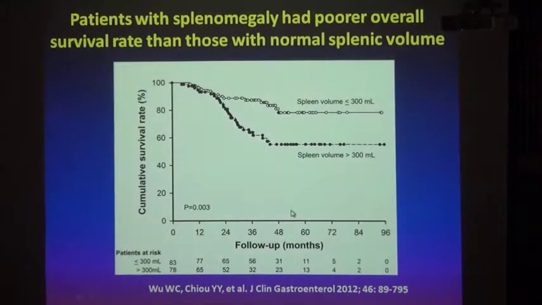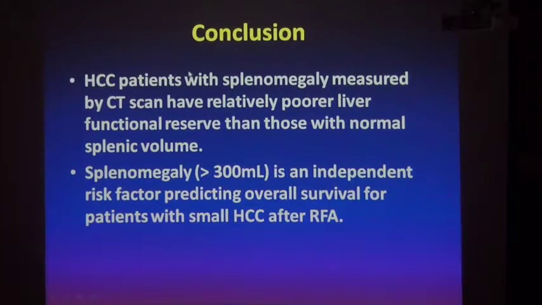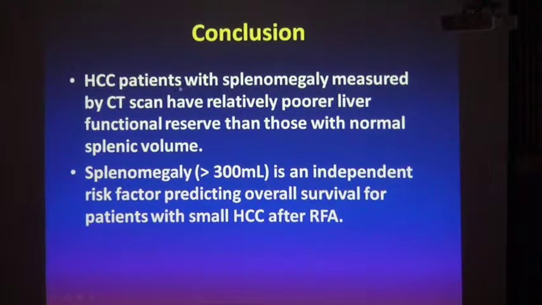And how about the splenic volume? Also, we can use it: patients with splenomegaly had a poorer overall survival rate than those with normal splenic volume. Our definition is, if splenic volume is larger than 300 cc, then we call it splenomegaly. And we use a computing method to calculate the splenic volume.